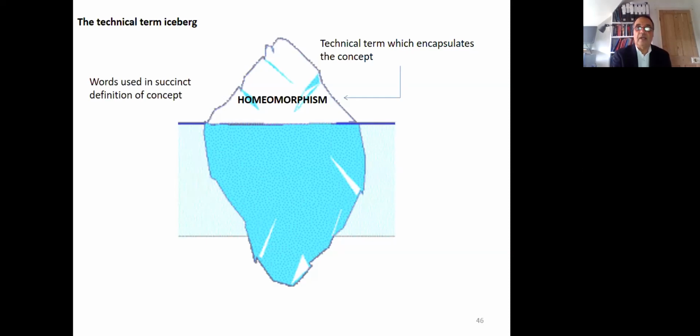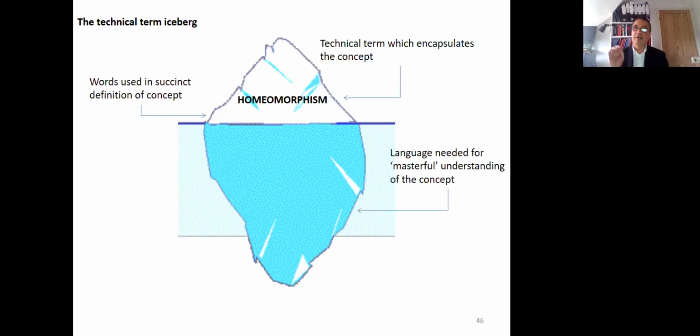And within that concept, often a teacher or a textbook will give a definition of the concept. Now, the question is, is that what's causing the problem when students say, I have a problem with technical language? Or is it the language needed for masterful understanding of the concept, which is given either by the teacher through teacher talk, or by a textbook?